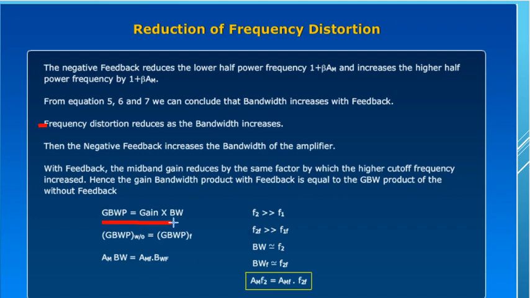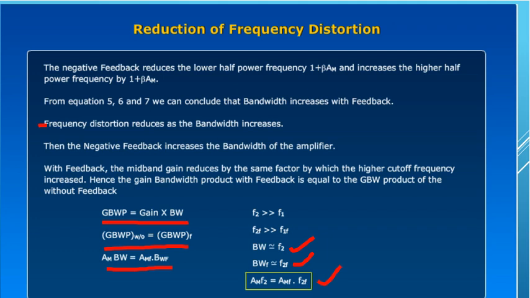The gain bandwidth product is gain into bandwidth. Substituting the values, the gain bandwidth product without feedback is equal to that with feedback. Since F2 is greater than F1, the bandwidth is equal to F2, so the bandwidth with feedback is also equal to F2F. So AM F2 is equal to the mid frequency gain with feedback into F2F.